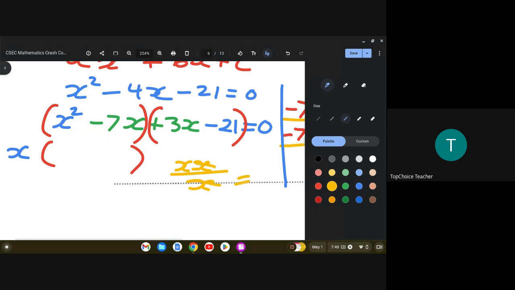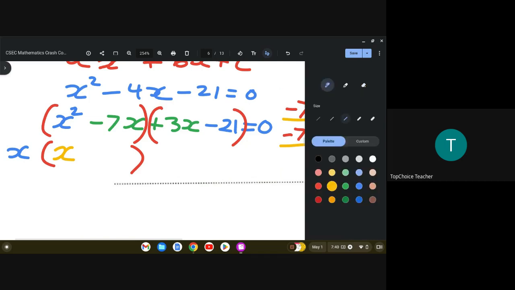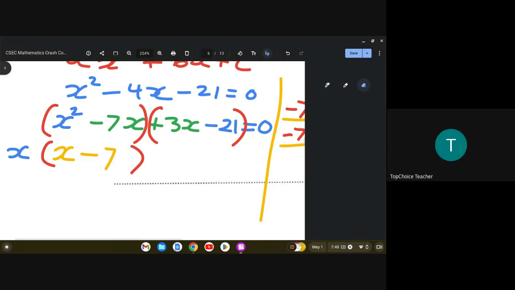You get an x that goes in the bracket. Also, this is just for students who don't understand these kinds of things. This negative 7x here, if you divide it by the common factor x, what are we left with? Minus 7. So that is just something to show the rest of you how we got that inside the brackets.